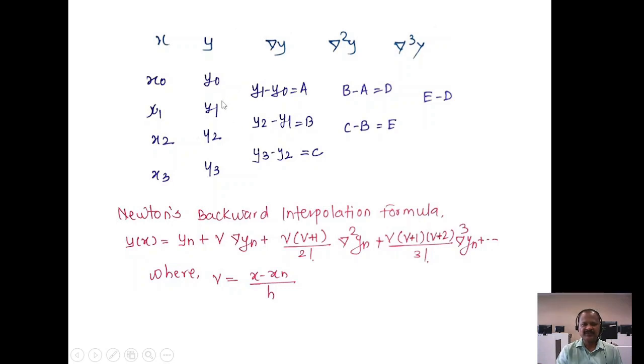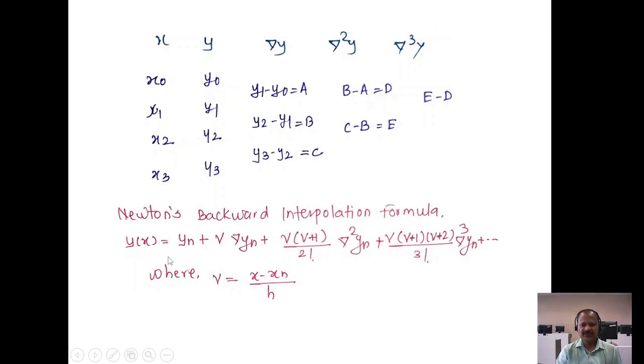So it is y1 minus y0, which you can call a. Then y2 minus y1 is equal to b. Then y3 minus y2 is equal to c. Then delta square y: it is b minus a, which you can call d. Then c minus b, which you can call e. Then delta cube y is e minus d.